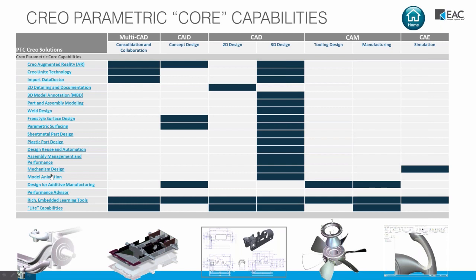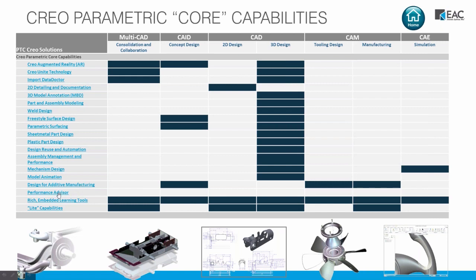That would be simplified reps. Mechanism design, mechanisms, model animation, that used to be the old Pro Animate package. It's still the same. Also design for additive manufacturing. So this allows us to take our part, place it on a cell, pattern it, and get it ready for 3D printing. Also a performance advisor.